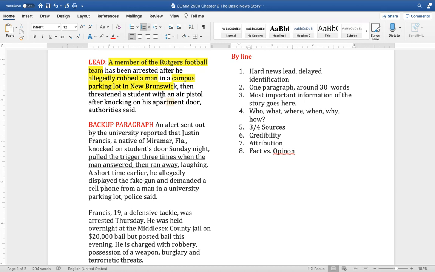So let's take another look at the first and second paragraphs here. A man was arrested, and what we have here is the word allegedly. So authorities are saying that this guy robbed a man on campus and then pulled out an air pistol and threatened somebody. Okay.